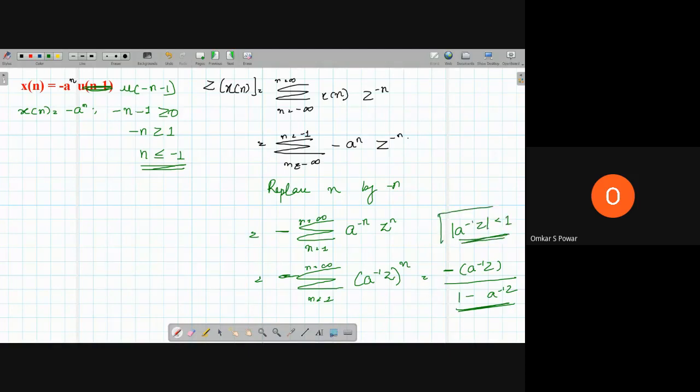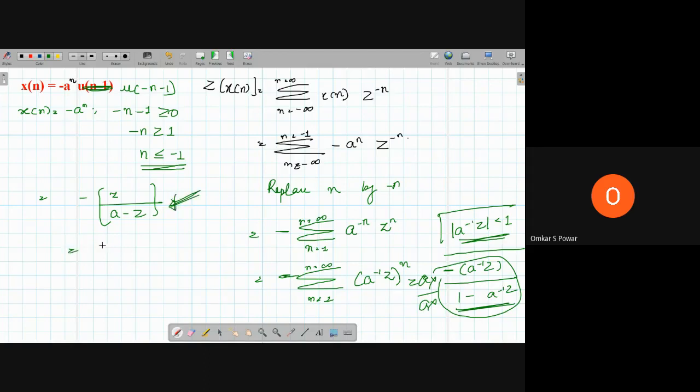Okay, so this will be helpful in solving ROC, and then we can use this term to find our z transform. So this we can write as minus z divided by a minus z. What I have done there? Multiply numerator and denominator by a here, so that it simplifies to this form.